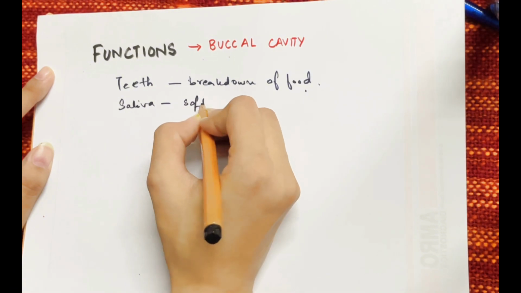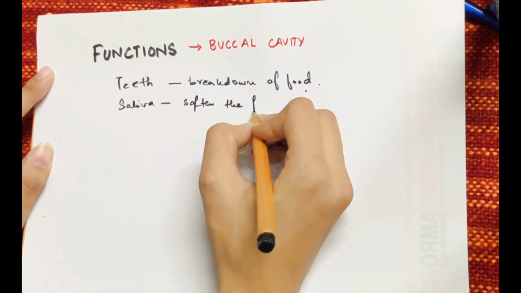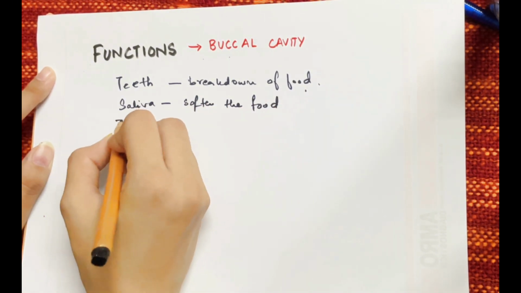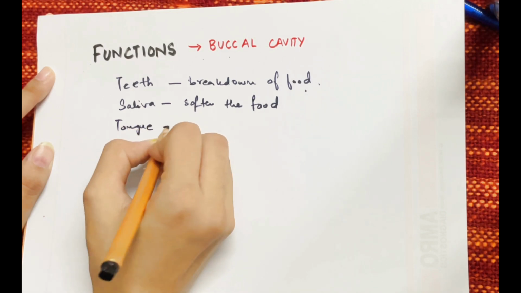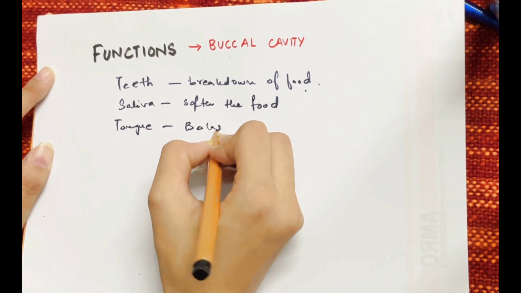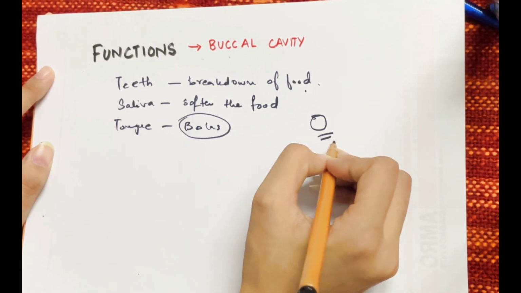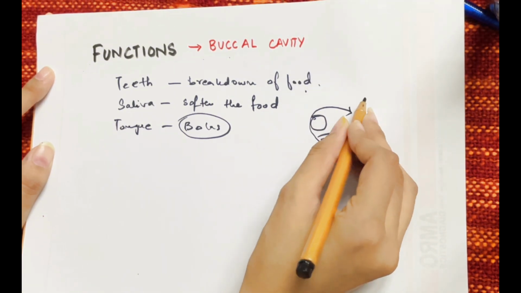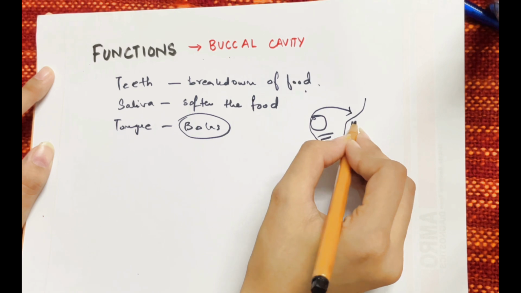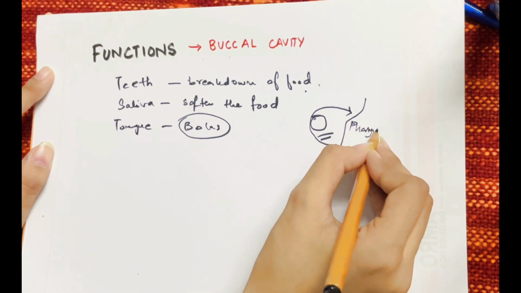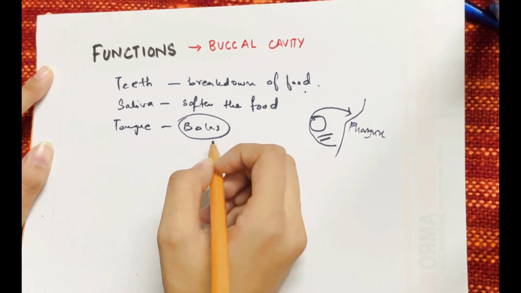The tongue is responsible for making up the bolus. Bolus is a round structure made up by the tongue, and with the help of the tongue, it is pushed backward into the pharynx. The pharynx is the next pathway once the food has passed through the buccal cavity area.